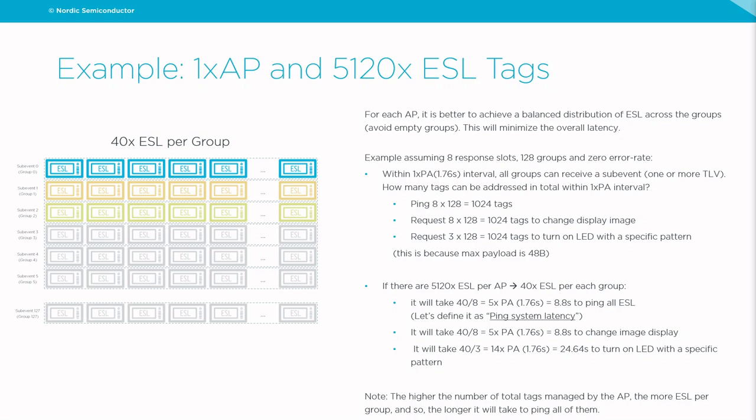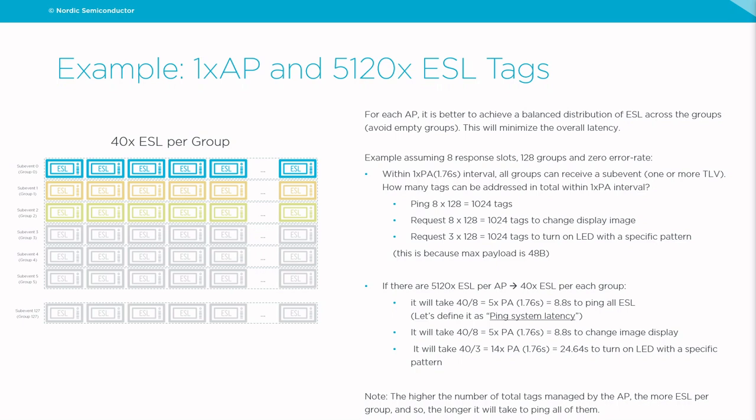So for small networks, when the total number of tags is less than the number given by the number of groups times the number of response slots, the total number of tags will not have a big impact on the ping latency, so how much time it takes to ping all of them. But if we have more tags than, in this case, 1024, yes, the more tags we add, the longer it will take to ping all of them.